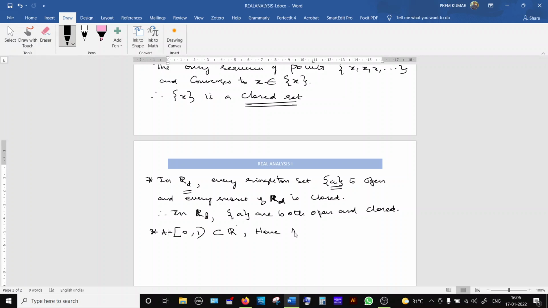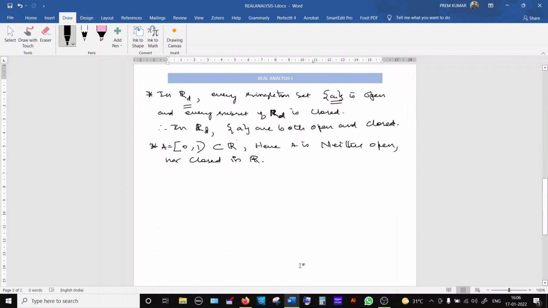Here A is neither open nor closed in the given metric space. Why is it neither open nor closed? Because you see this set, 0 is included and 1 is excluded. So all these points we consider. So this is our A.